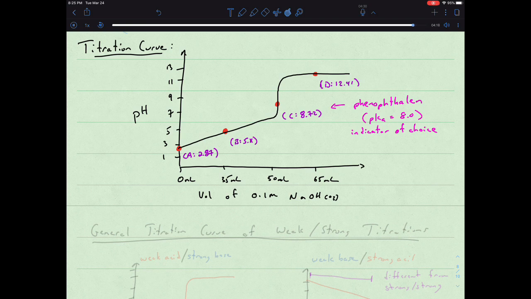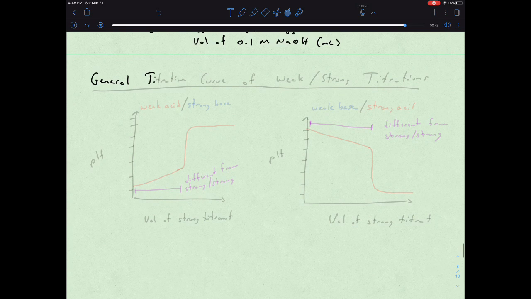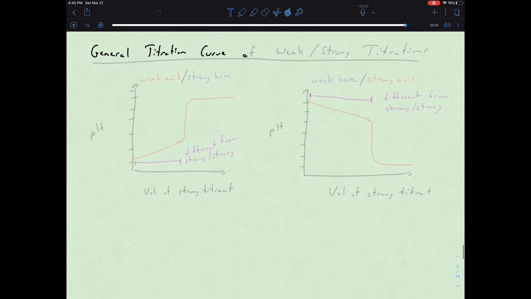So we could think of now a general type of pH plot that we would see for weak strong titrations. So the picture for general titration curves of weak strong titrations.